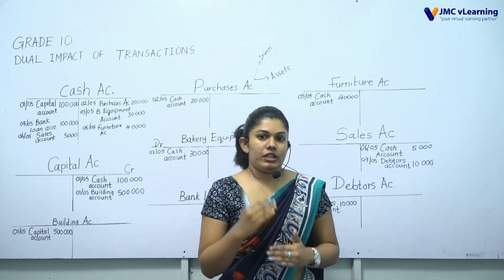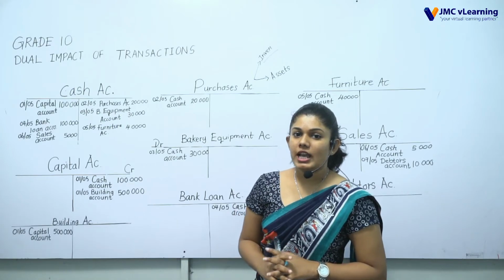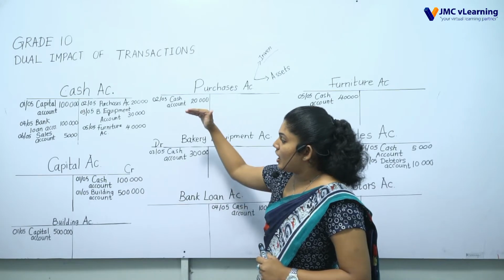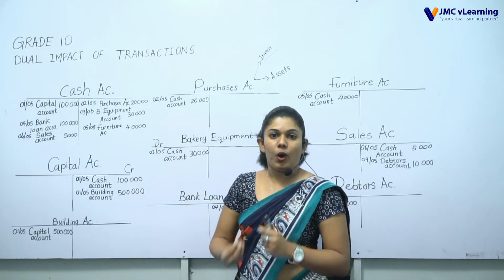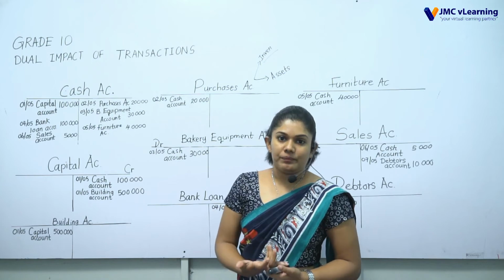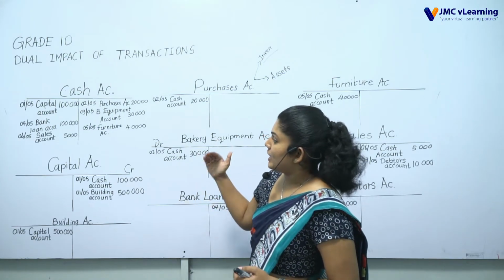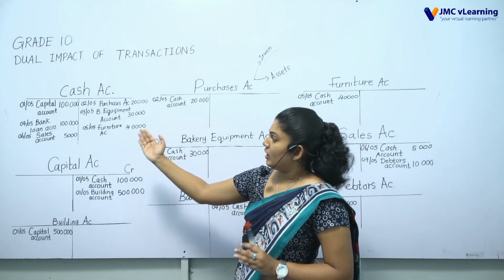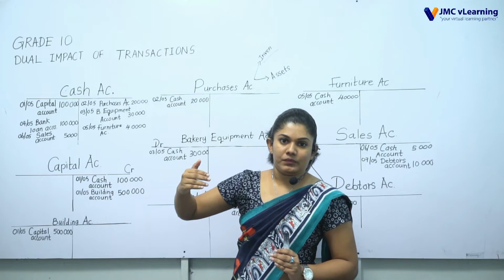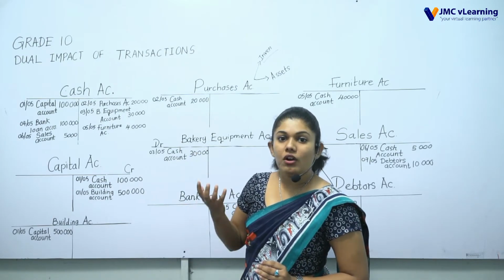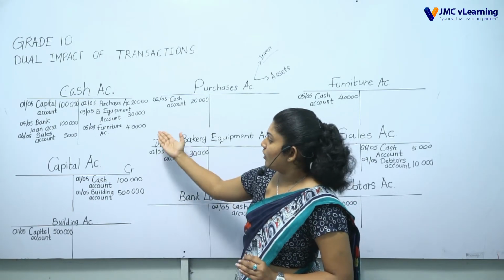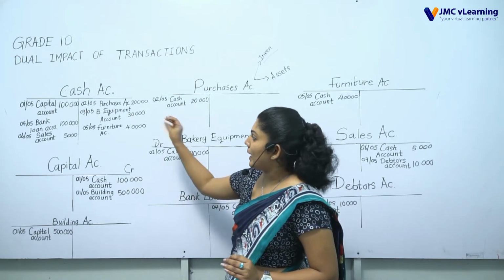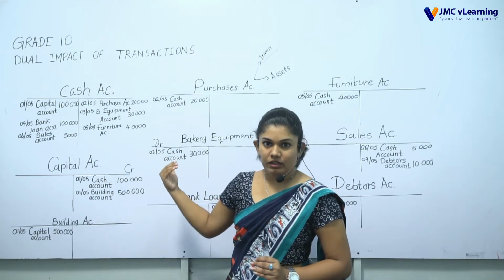But our accounting is not yet completed. We have to close this account. That means we have to total these accounts and obtain the final value. Here in the cash account, you can see there are two columns. One side we record cash receipts, the amount of cash we got, and the other side we record how we spent the amount of cash we received.